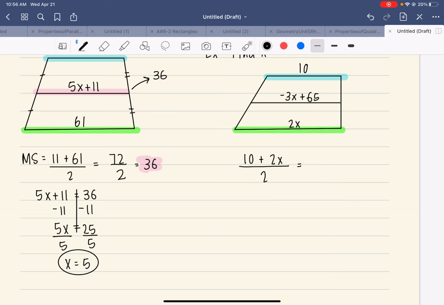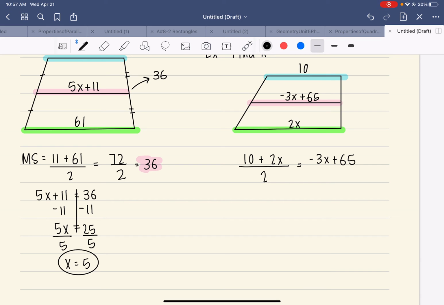And the mid-segment here is negative 3x plus 65. But here's the kicker: because of the divided by 2, our process changes a little bit.